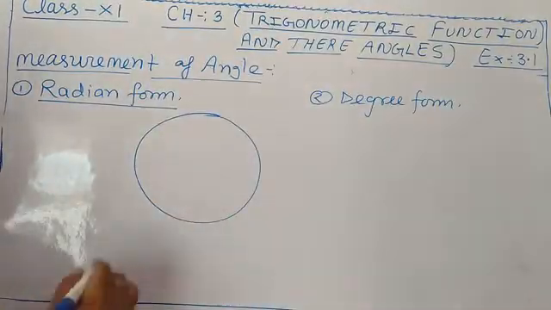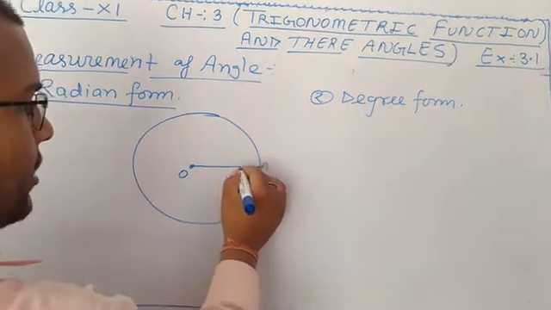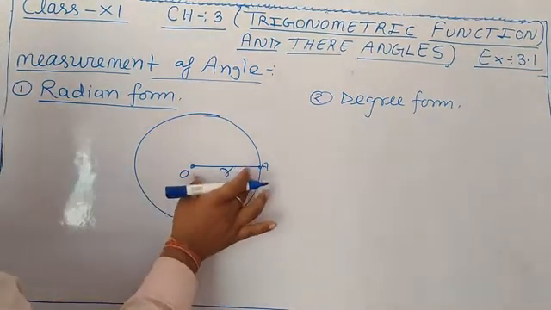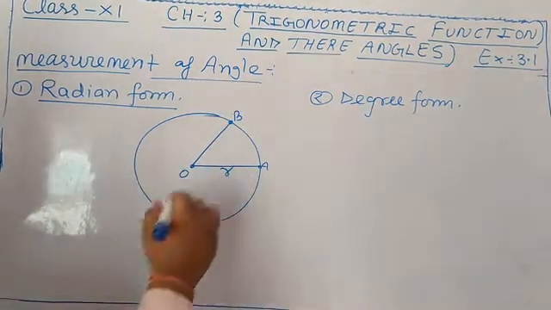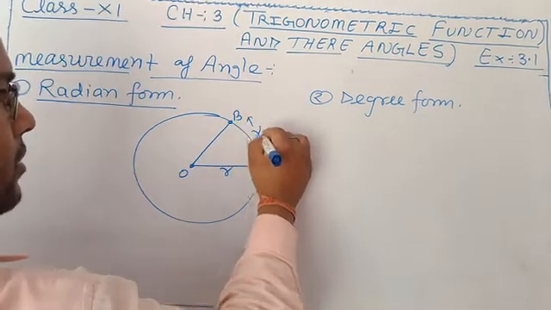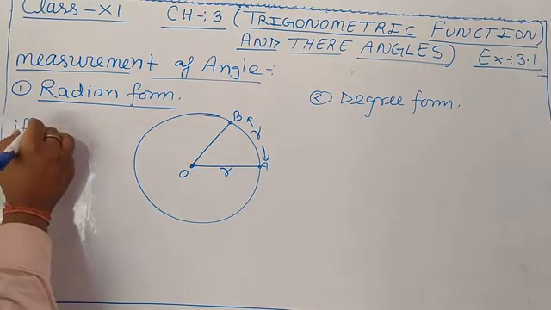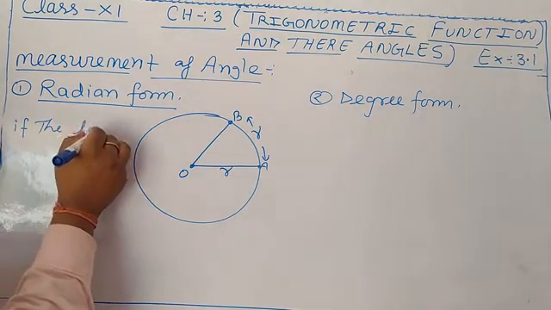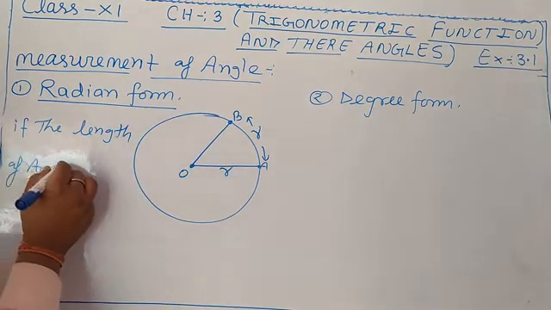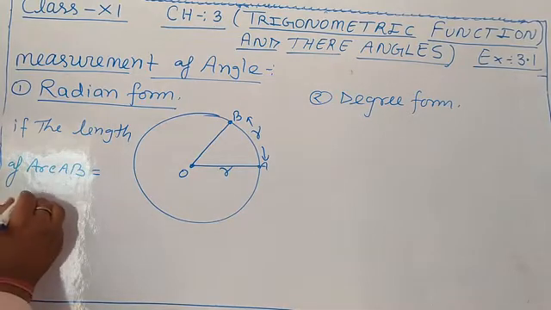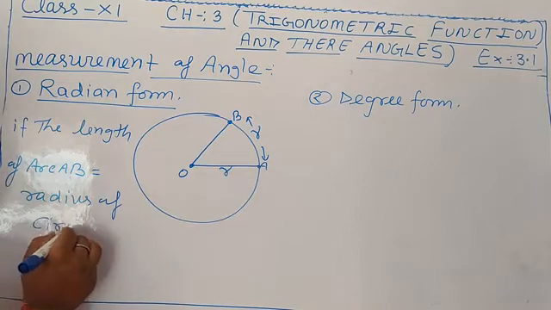Suppose this is a circular path, O is the center, and OA is the radius of the circle.